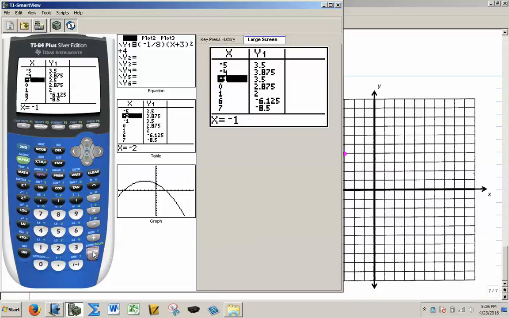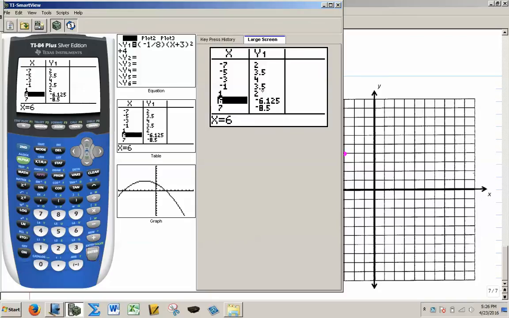Ooh, let's see. I don't like that one. Let me change my table a little bit here. I'm going to start with -7. That's better. -5, -3. There's my vertex. -1. That's not so bad. And a +1. Okay. I don't mind those numbers.